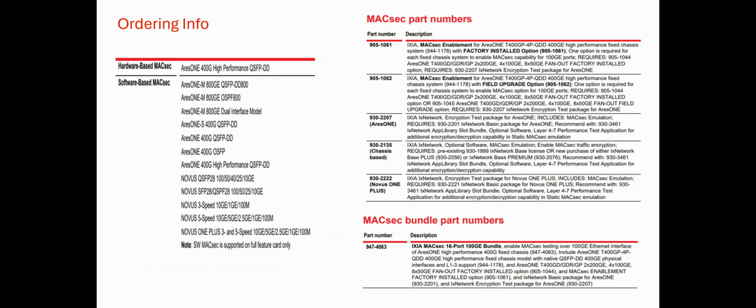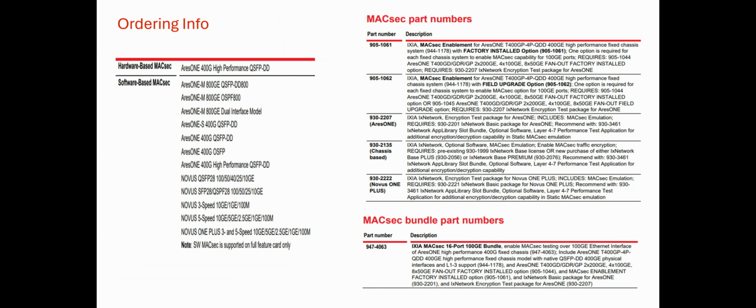Order information. This is the part number. On the left side here, you can see that the hardware-based MACSec is only available on the ARIS-1 400 gig high performance QSFP-DD, and the software-based MACSec is available in our ARIS-1M 800 400 gig, as well as the Novus line load modules, and the Novus 1 Plus, which is the one that has a Novus card in there.